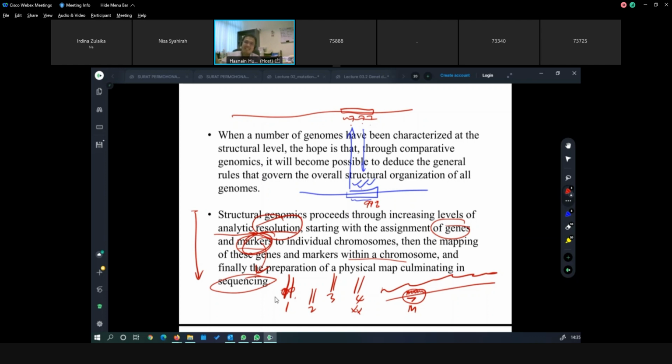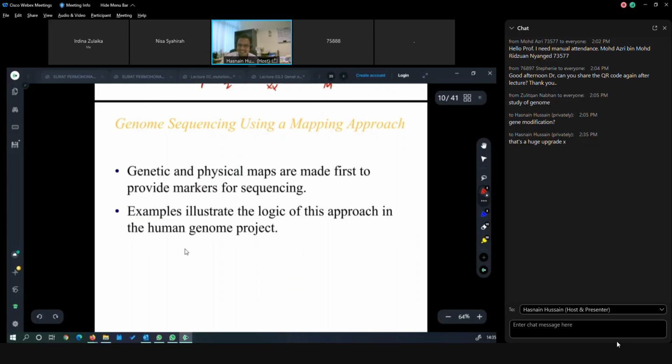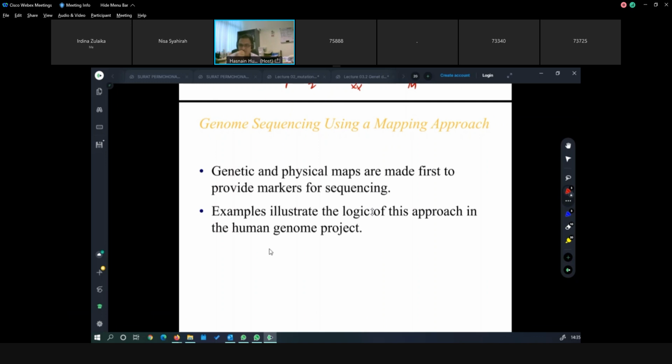So increasing resolution. Okay, that's how you imagine it. That's a huge upgrade. Of course it is a huge upgrade, isn't it? S21, the highest end of the Samsung, isn't it? I'm quite sure some of you already have it, even though not all of you. But I think it's quite easy for you to visualize, isn't it? Increasing resolution. So in sequence, you just know initially on that chromosome, but you don't know more info. But after some time, then you know the detail of it.